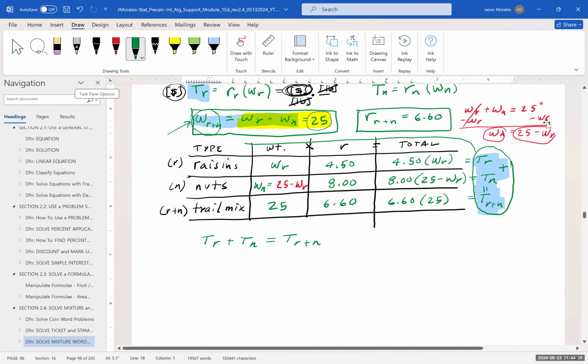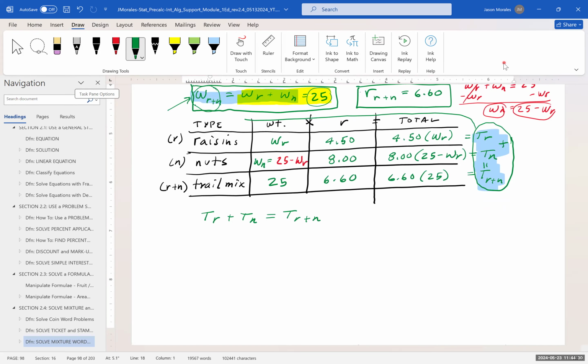Scroll down. Having some issues with my tablet. All right, so the total for raisins is 450 times the weight of raisins. And then the total for nuts is $8 times 25 minus the weight of raisins. And that's equal to the total cost of the trail mix, which is 660 times 25.